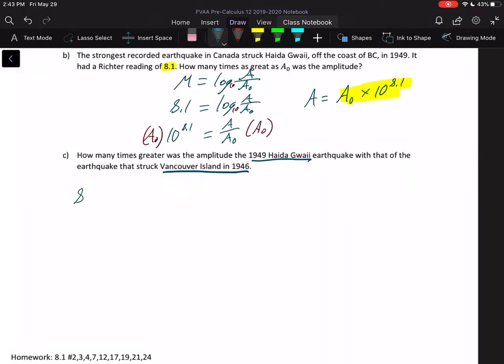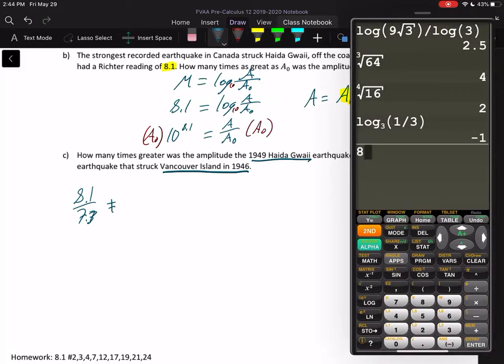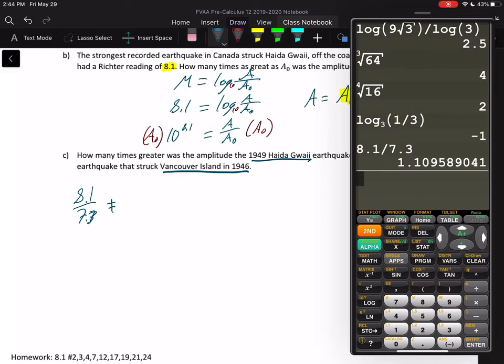You cannot just take 8.1 divided by 7.3. That does not equal how many times greater. If I just did 8.1 divided by 7.3, it would be just 1.11 times greater. It's almost the same thing, just a little bit stronger, but that's not the case at all on the Richter scale.